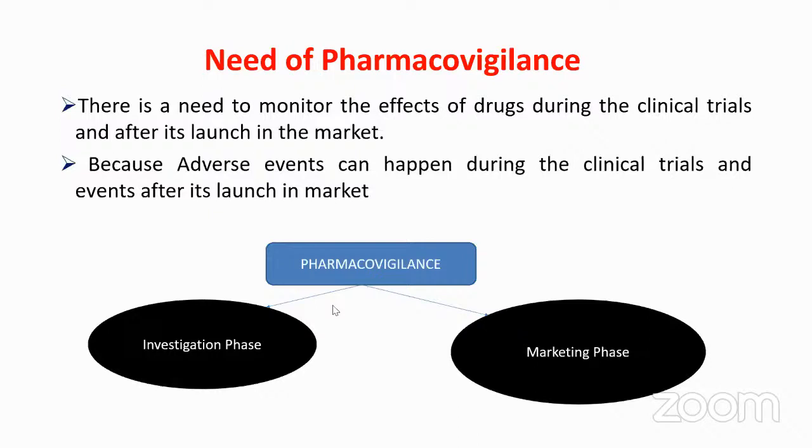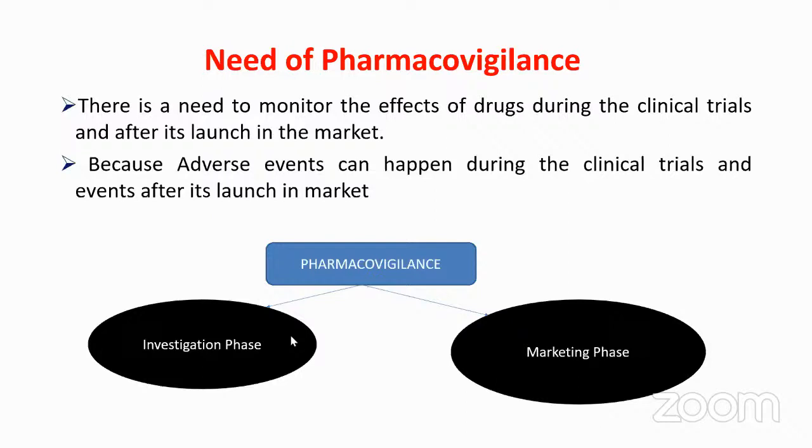Why should we have it in the marketing phase? Because already in the first investigation phase pharmacovigilance is there. The drug was administered, subjects got ADRs, and that was submitted. That is all fine. So why should pharmacovigilance exist again in the marketing phase? Yes, because the investigation phase is limited to the subjects, only 10,000, even if you take phase 3.